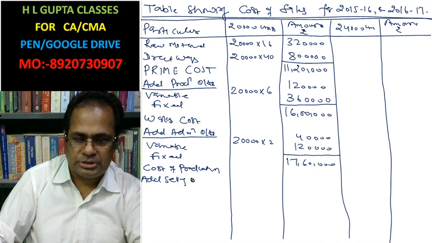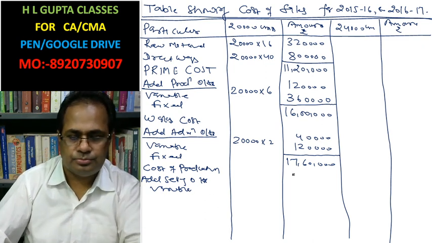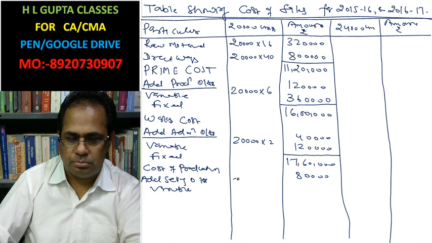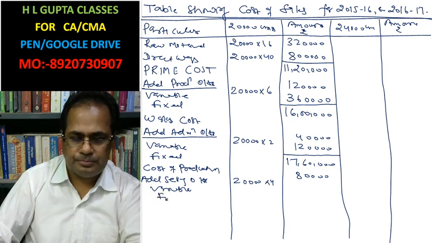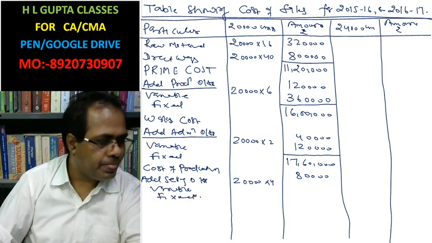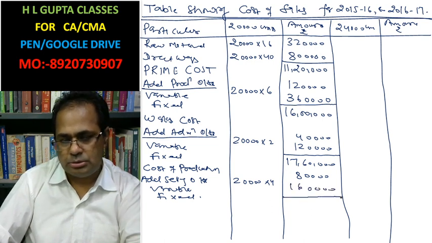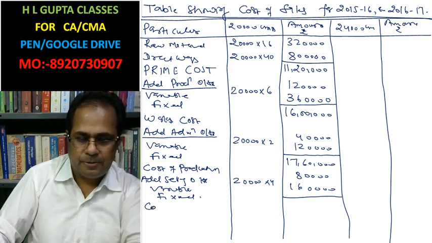Now add selling overhead. This is variable 80,000, 20,000 into 4. Fixed 1,60,000. This is your cost of sale.